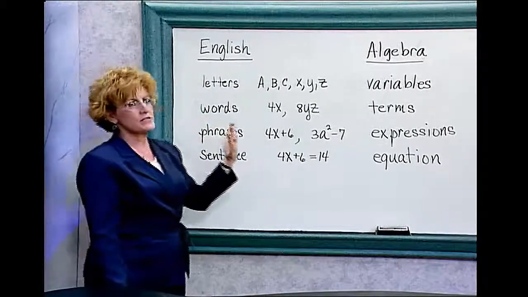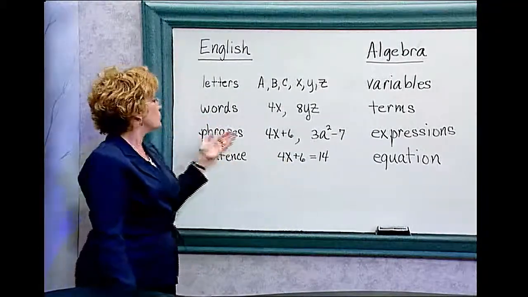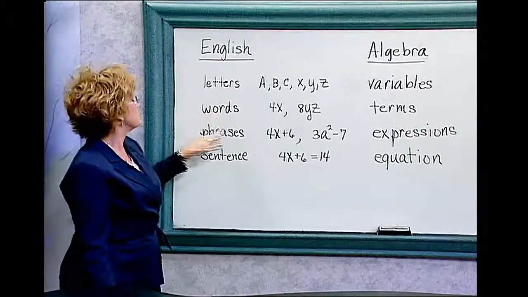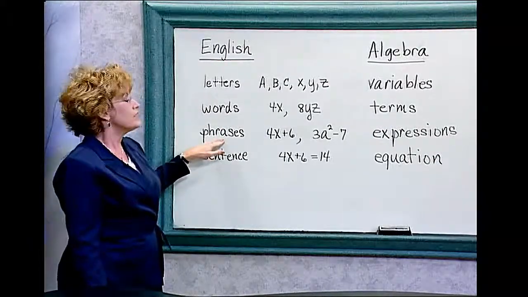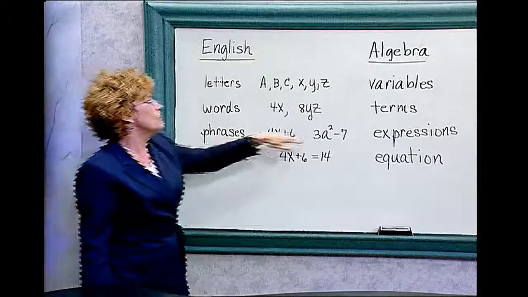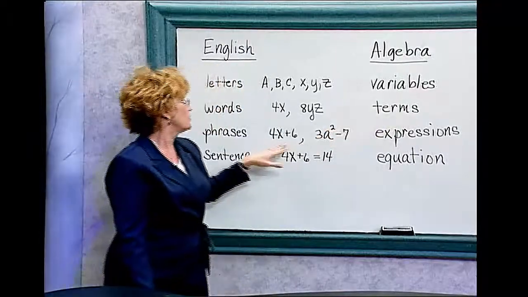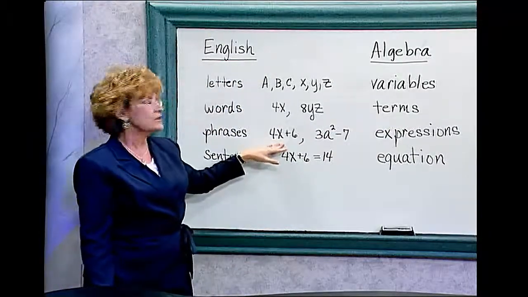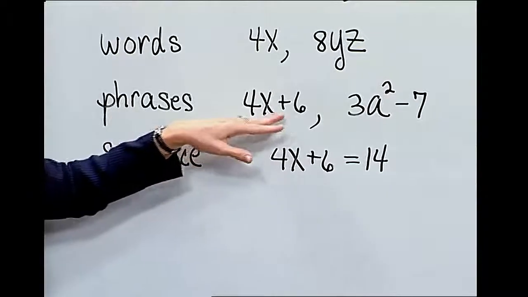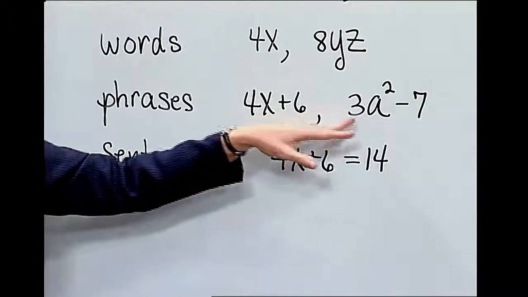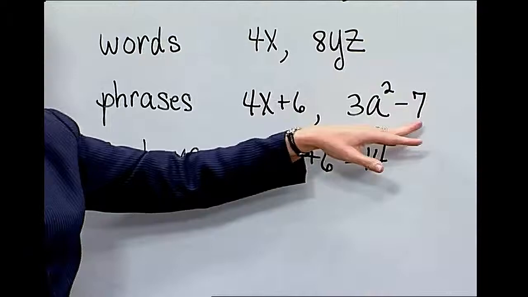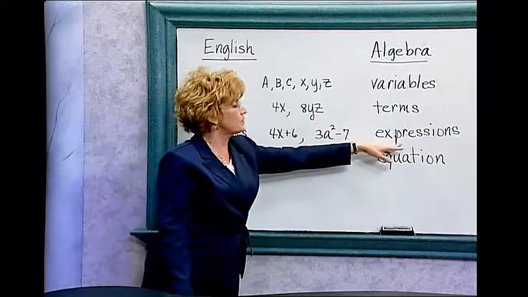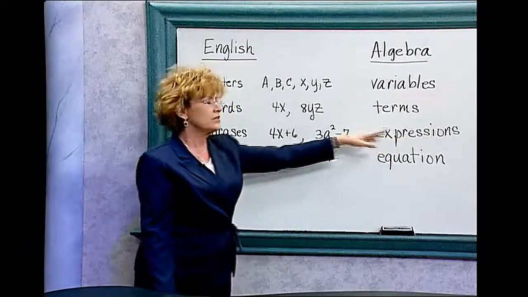Now, when you began speaking English, you learned to put words together to make phrases. In math, when we put terms together, we make expressions. For instance, 4x plus 6 and 3a squared minus 7. These would be examples of expressions.